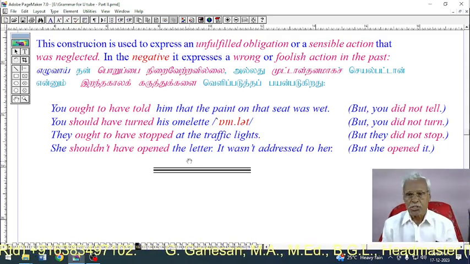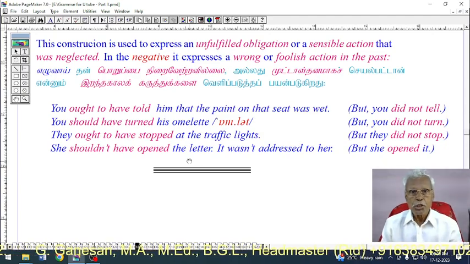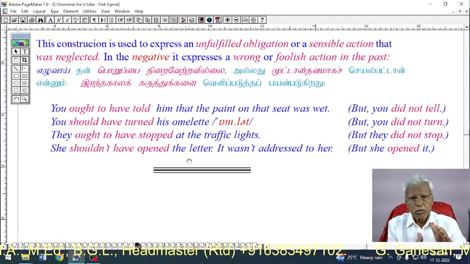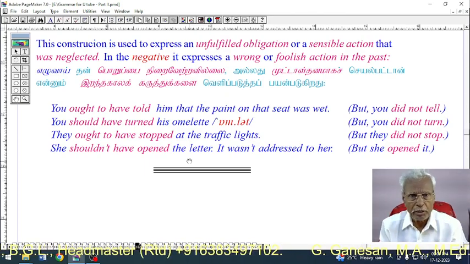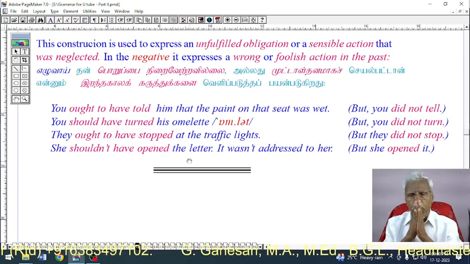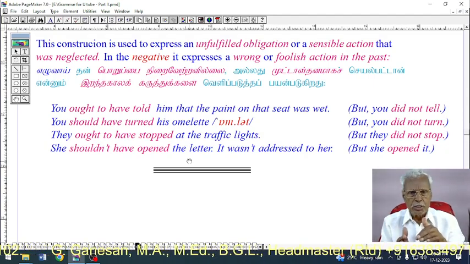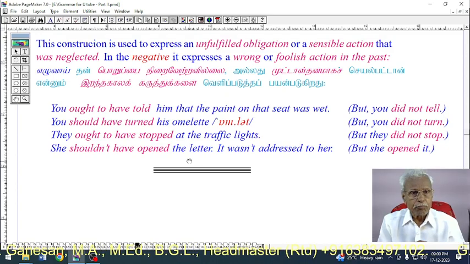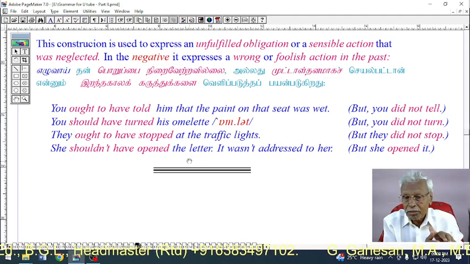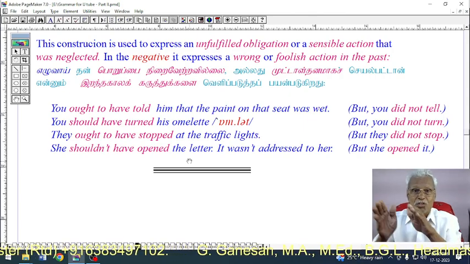But in the perfect tense, should have plus past participle is used to express unfulfilled obligations. What is an unfulfilled obligation? What should have been done was not done.